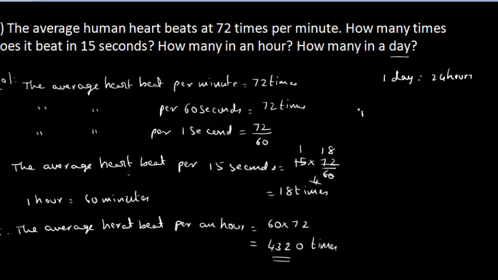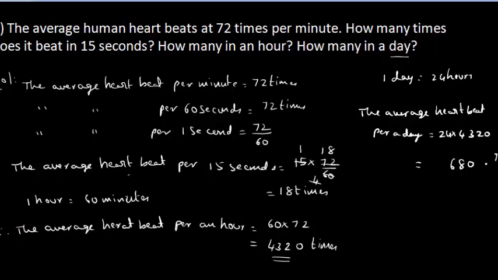So the average heartbeat per day equal to 24 into per hour 4320 times. 24 zeros 0, 24 2s are 48, 8 and 4 remaining, 24 3s are 72, 72 plus 4 is 76, remaining 7, 24 4s are 96, 96 plus 7 is 103.